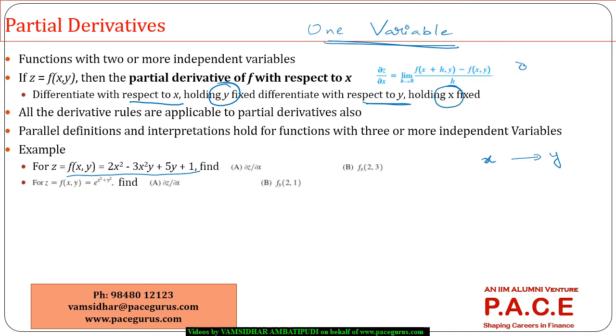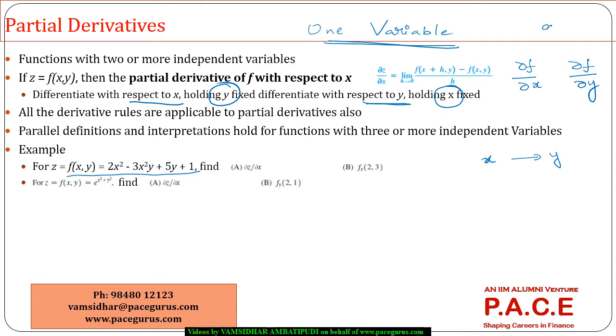So if I am differentiating a function f with respect to x, I call it as dou f by dou x. In this case, y will be constant. And if I am differentiating the function with respect to y, I call it as dou f by dou y.